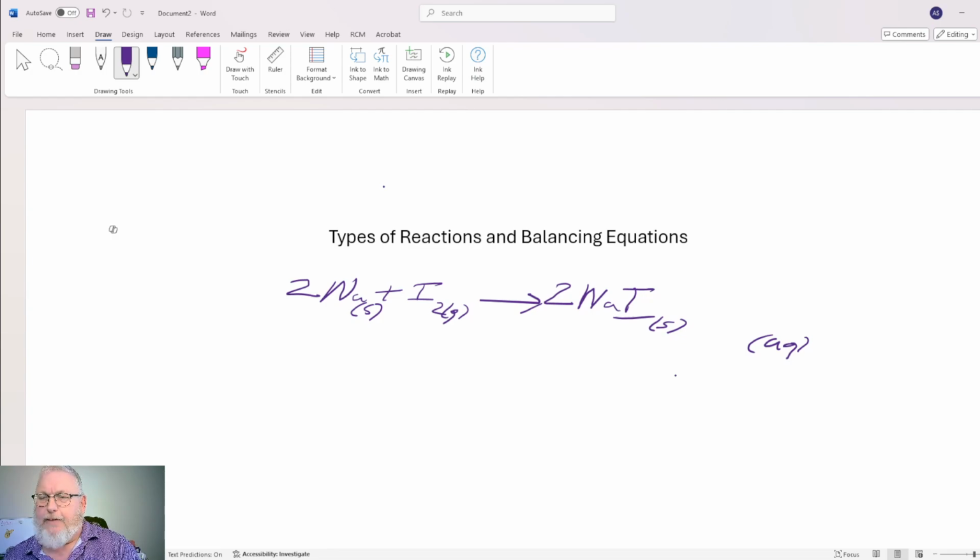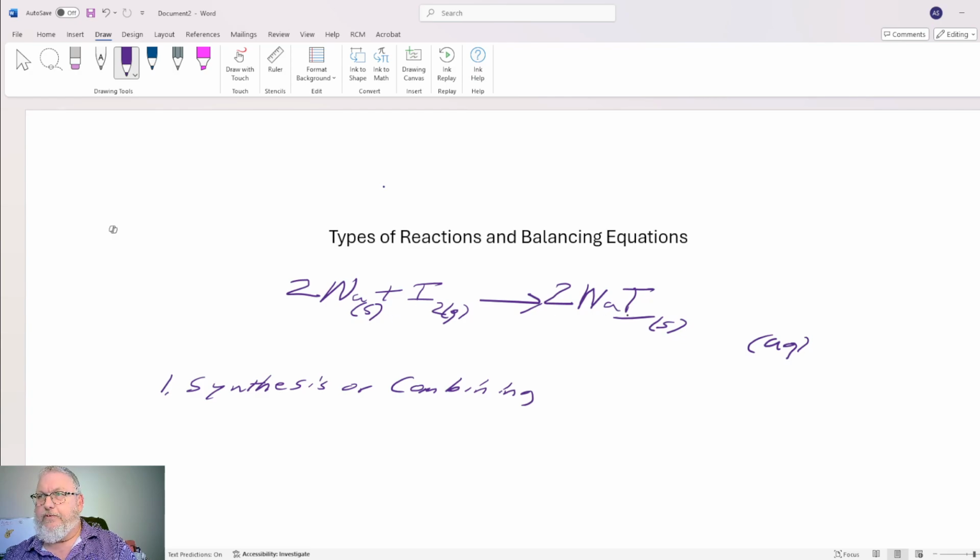Let's talk about types of reactions. So the first type we want to talk about is a synthesis or a combination. Either one would get you the point on a test. Synthesis or combination. That means what? You're combining or synthesizing 2 different atoms or reactants into one. You had 2 elements, all right?